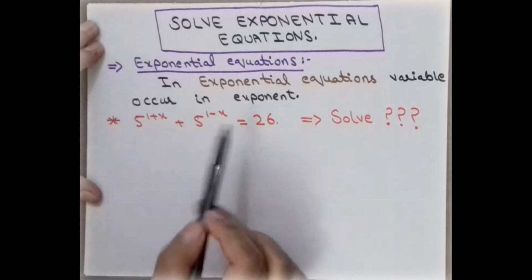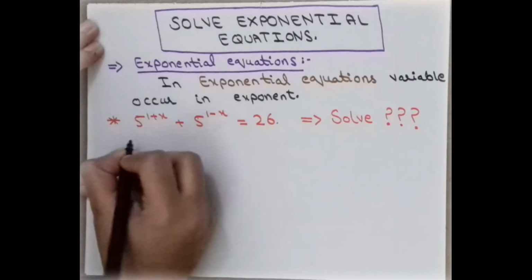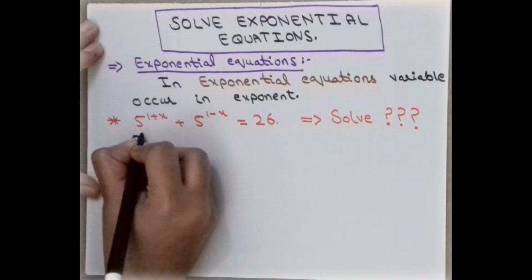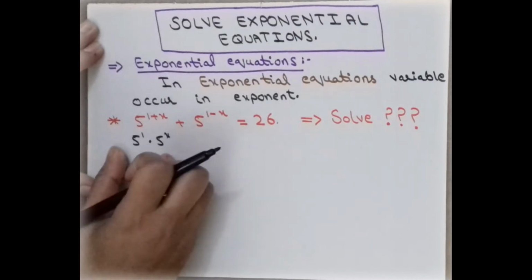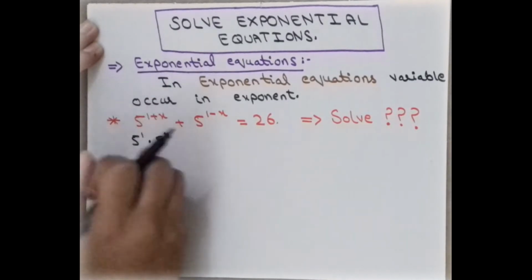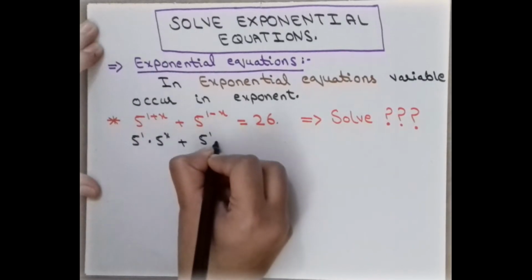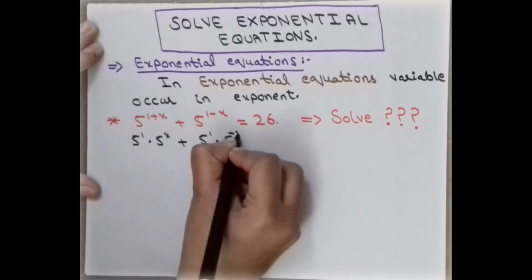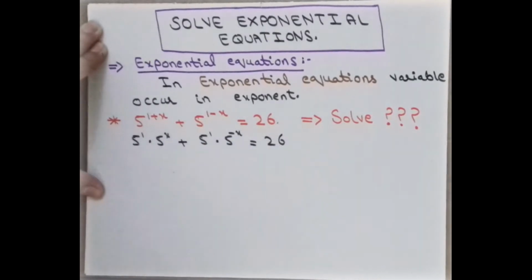For the solution, first of all, we write it as 5 multiplied by 5 to the power x. If we combine this factor, we again reach 5 to the power 1 plus x, plus we can write 5 multiplied by 5 to the power minus x, which equals 26.